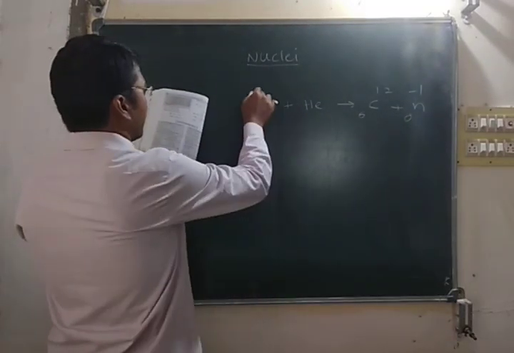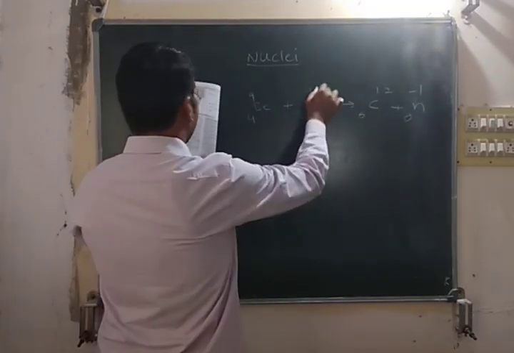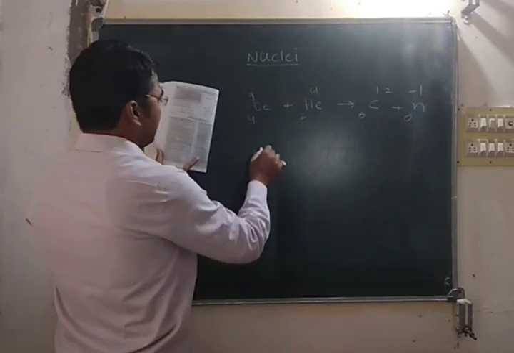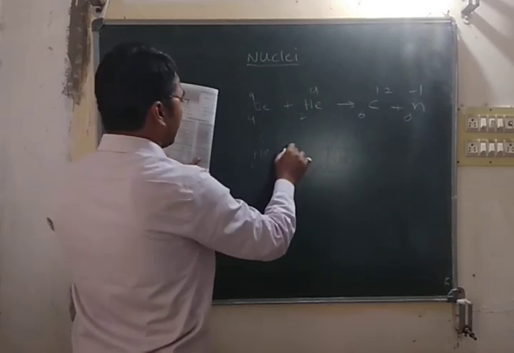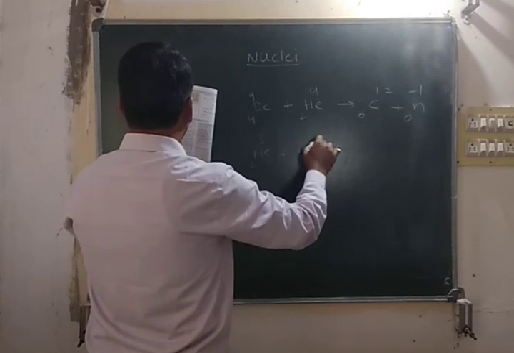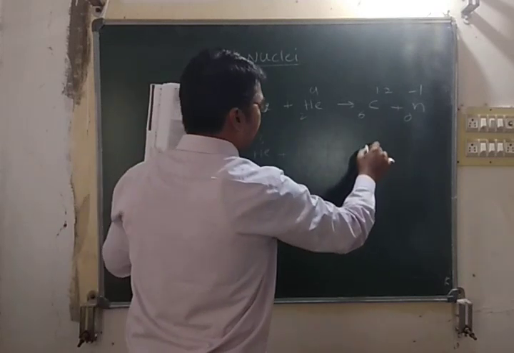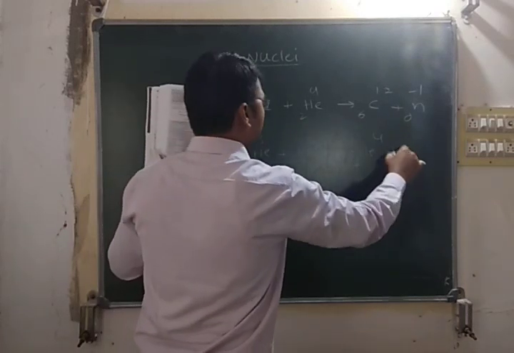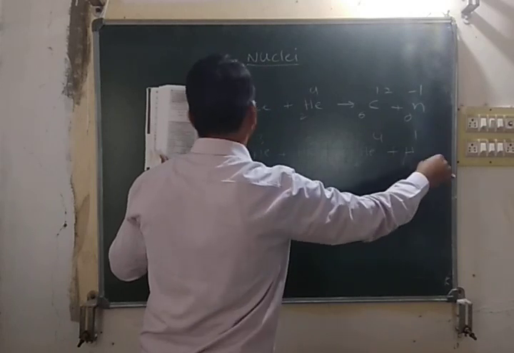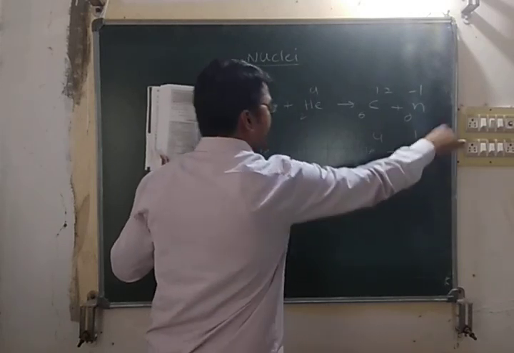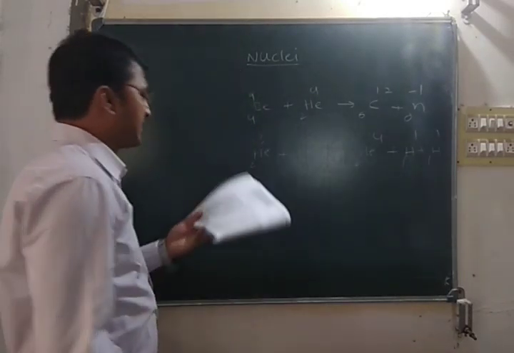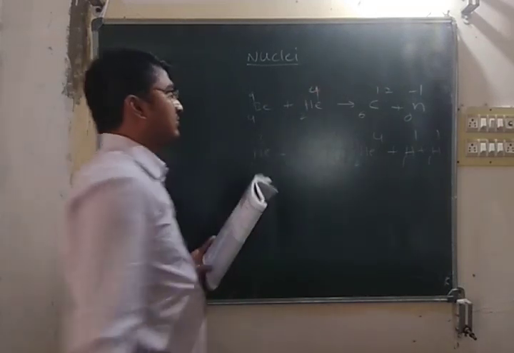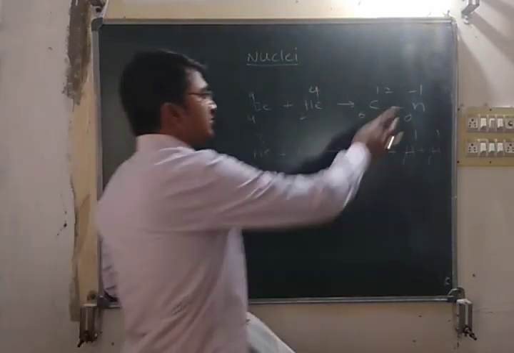Beryllium 49, this is the first one. Helium-24. Second option, helium-23 and helium-23, which gives helium-24 plus H11 plus H11. Everything is balanced.